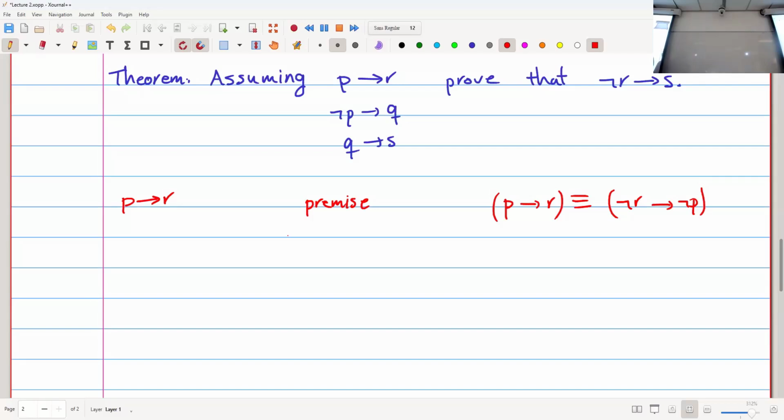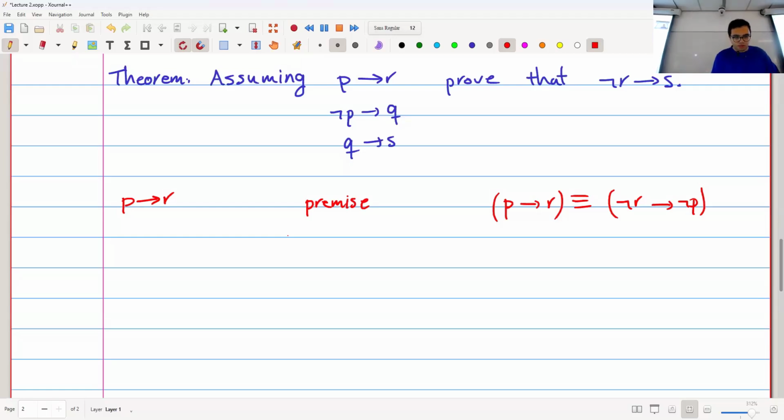Okay, so P says it's raining, R says there are clouds in the sky. This one says if there are no clouds in the sky, then it's not raining. These two sentences are the same. Now, again, how do you formally prove that? Do the table. But this is one of the most common equivalences that we use in this course.